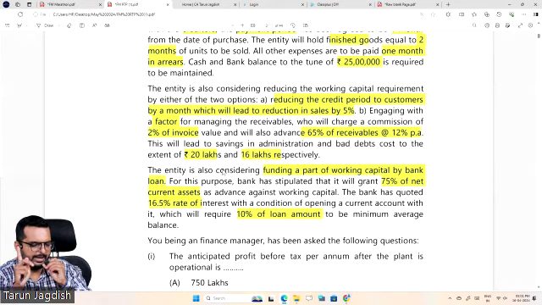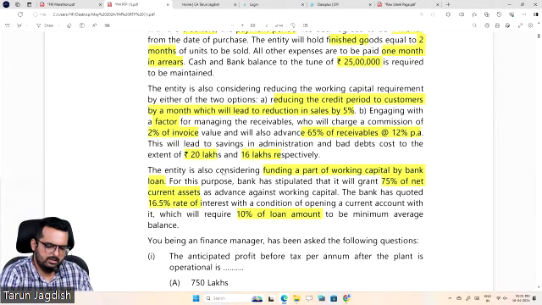They're telling it reduce it by a month, means it will come down to how many months? 2 months. And sales will reduce by 5%.